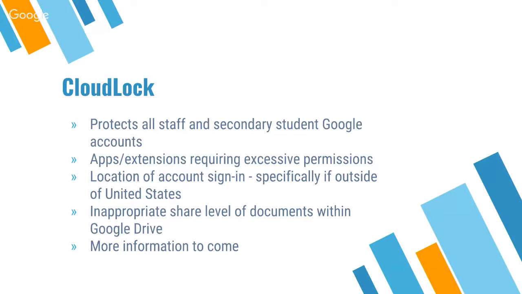Next option is inappropriate share level of documents within Google Drive. And this is a fantastic feature that really relates to documents such as IEPs, documents that contain personally identifiable information. So essentially what CloudLock is doing is looking for documents within your Google Drive that might have IEP style information, might have combinations of PII like student name, address, telephone number, and then essentially it evaluates the share level of those documents.